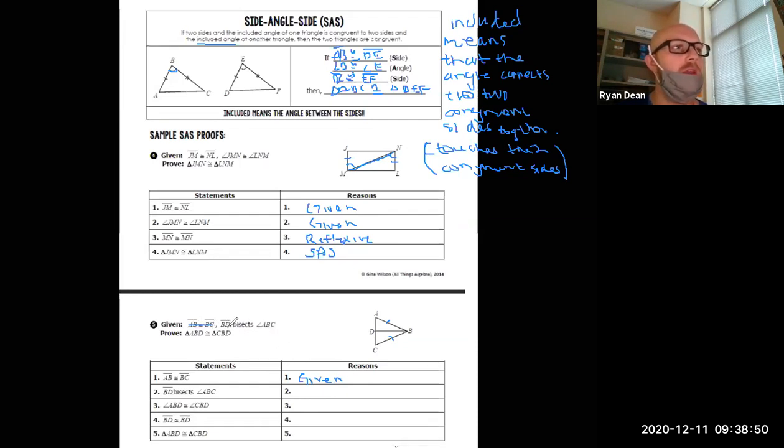Then we have segment BD bisects angle ABC. ABC is this big one up here. Now, remember, bisects means splits in half, or splits into two equal parts.